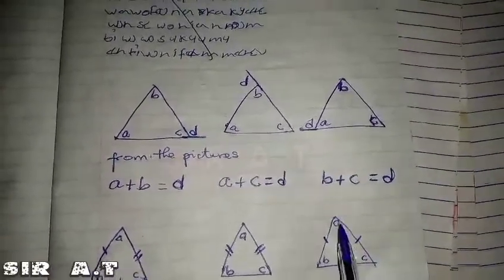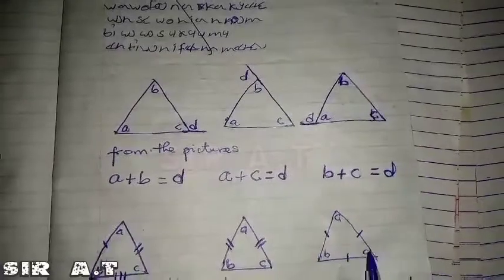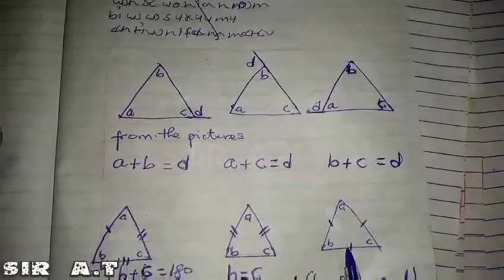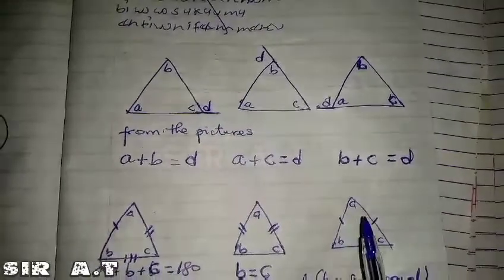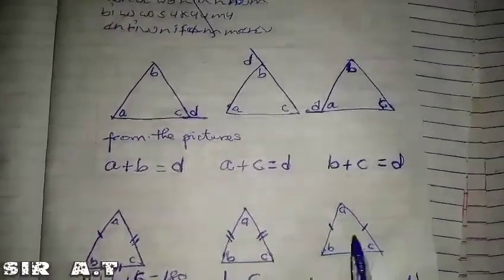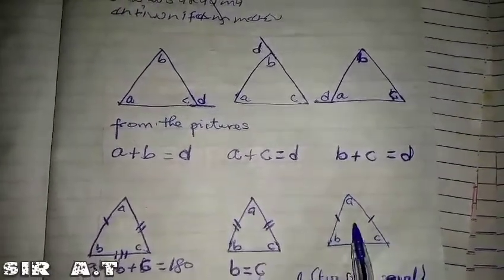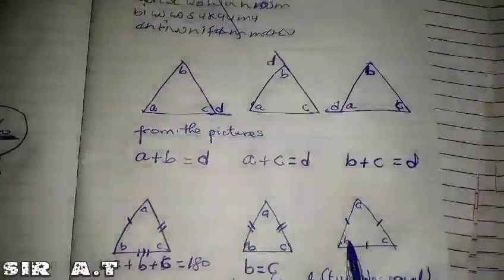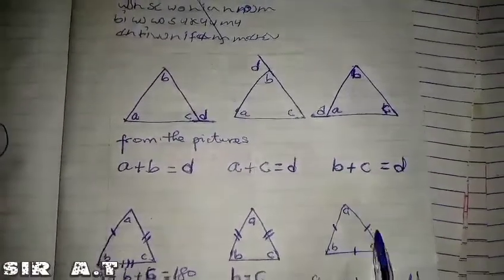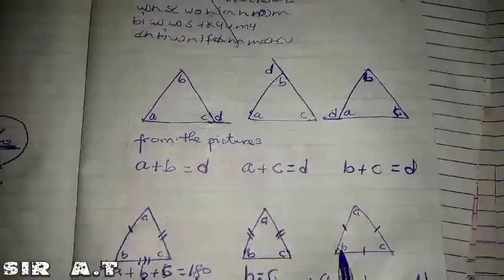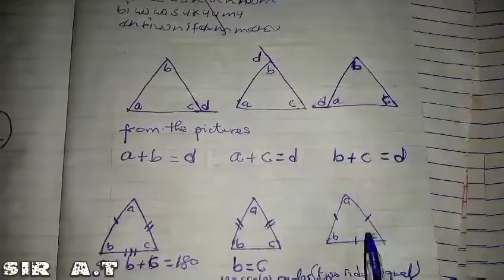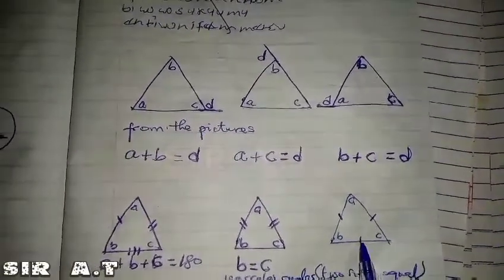So when you put this together, A, B and then C together, it is equal to 180. So here will be 60, 60, 60, because when you divide 180 by 3, the answer is 60. So here 60, 60, 60, because it is an equilateral triangle.